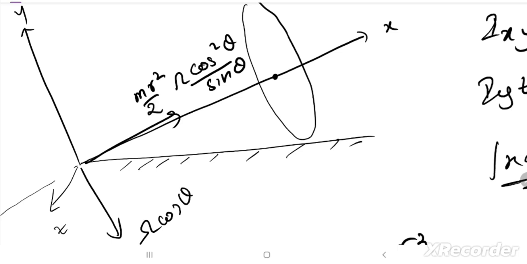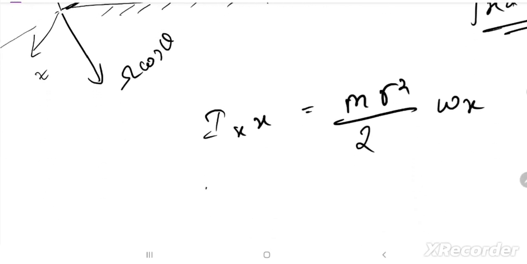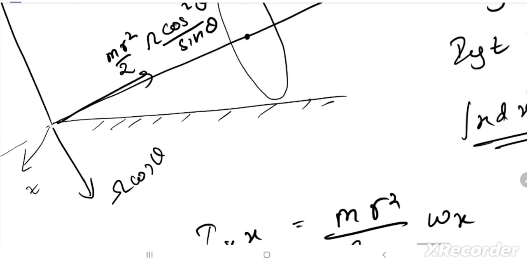What will be Iyy? Iyy can be found using the parallel axis theorem, which will come out to be Iyy equal to mr square by 4 plus ml square, where L is the length of this rod. R by L is equal to tan theta, so L will come out to be R by tan theta.